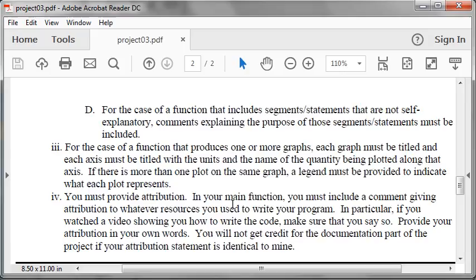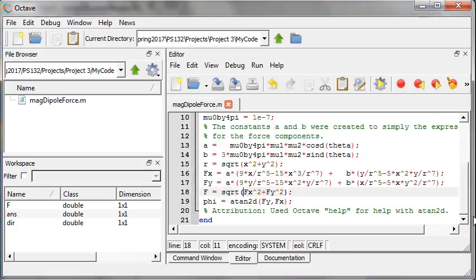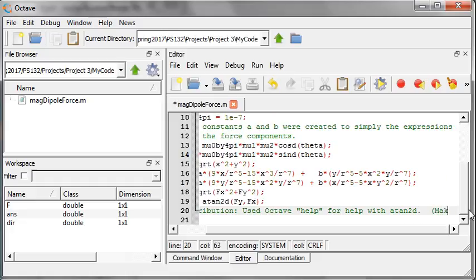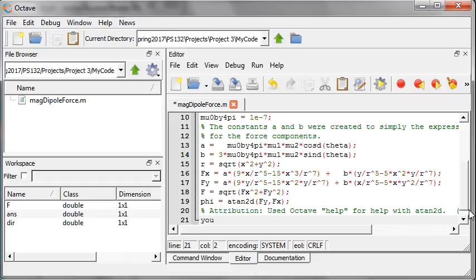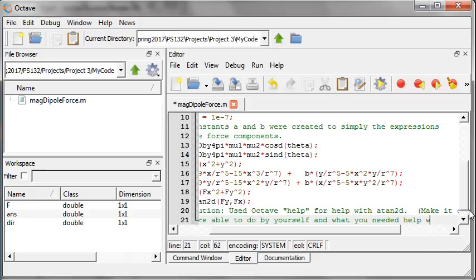No graphs, and attribution. So make it clear what you were able to do by yourself, and what you needed help with.